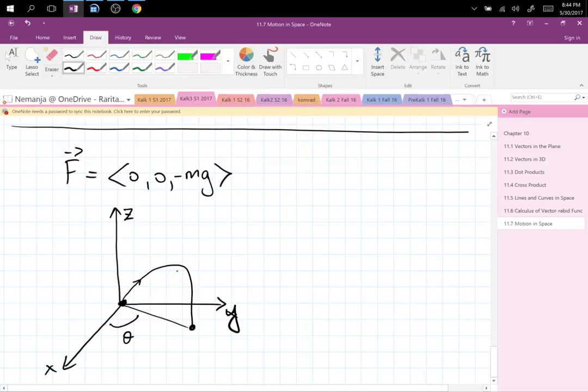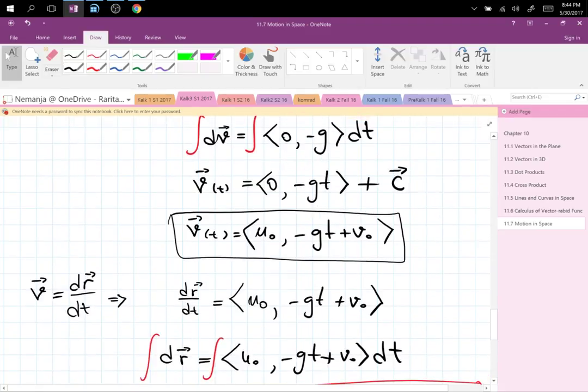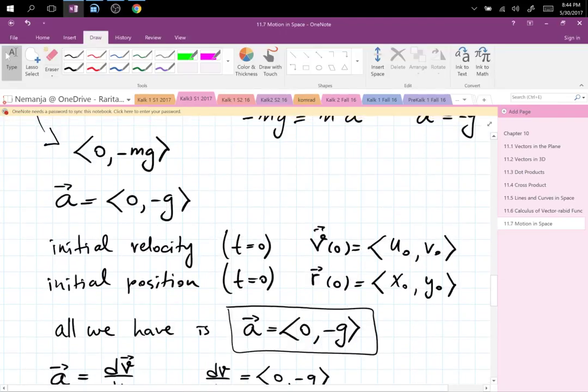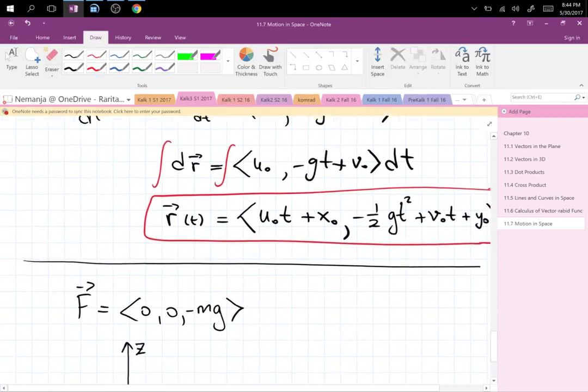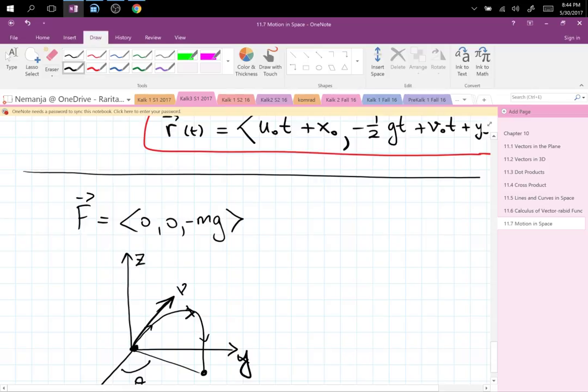So the object went this way, but what's important is to understand that there was this initial vector here, the velocity vector v0. Is that how we called it? Yep. Initial vector v0.